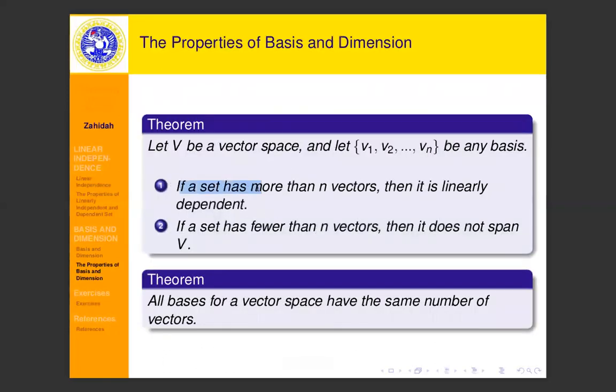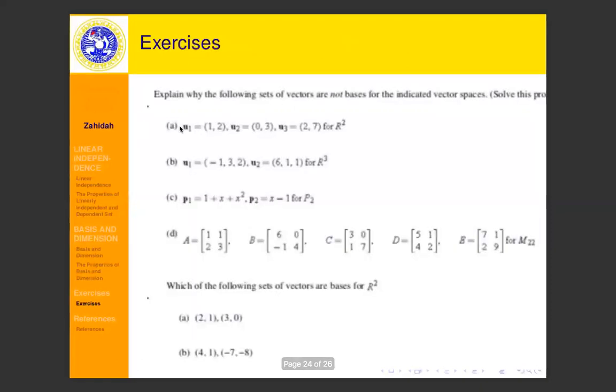If a set has more than n vectors, the dimension of R2 is 2, but we have 3 vectors here. It means this is linearly dependent.